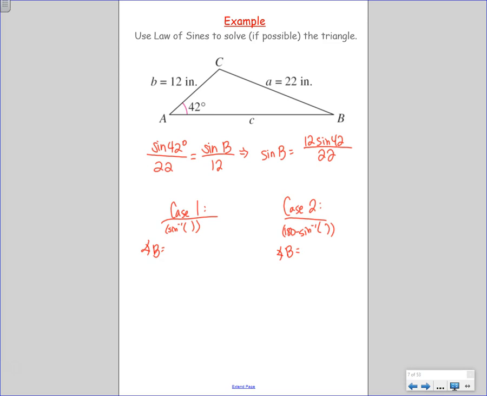Case 2 says, yeah, sine inverse, but 180 minus, so that's why I'm not actually showing that before the two cases. Now, as you guys are doing angle B, question, what do you get for the case 1 angle B? Just using sine inverse. 21.406. Okay. Now, when you add that to the given angle A and subtract from 180, what would be its corresponding angle C?